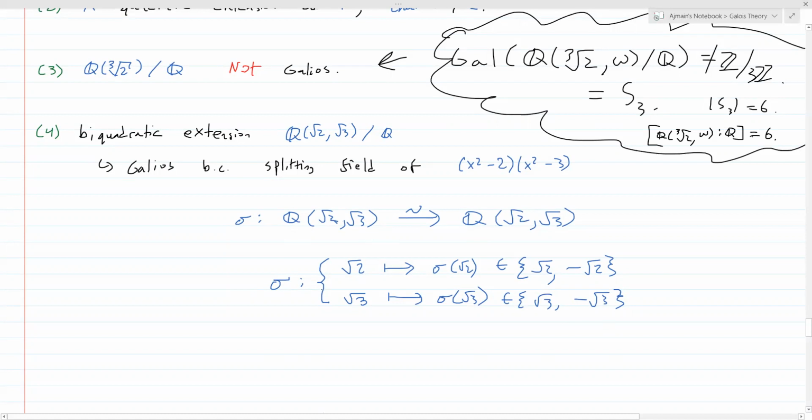We said that any automorphism of this field is determined by where it sends the generators, but you have finitely many options for where it sends the generators. Here you have 2 options and 2 options.